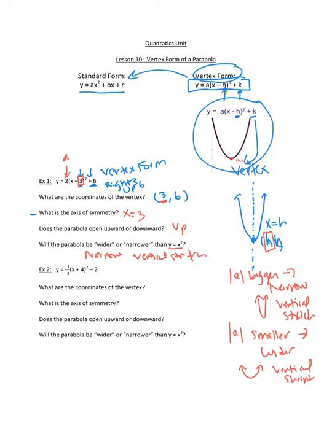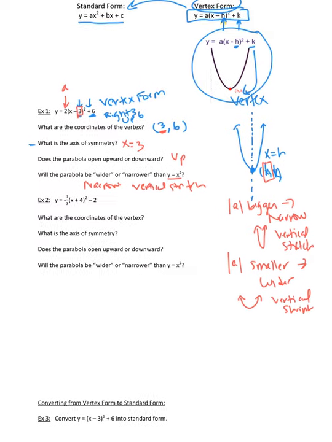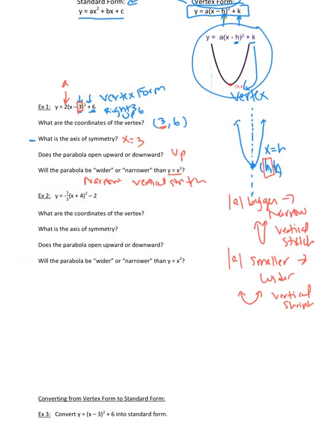Okay, so if you want, pause me for example 2, and you can try figuring out the coordinates of the vertex. That is a negative in front of the 1/3. So the coordinates of the vertex here would be -4, because it went left 4, and down 2, so -2. Those would be the coordinates of the vertex.